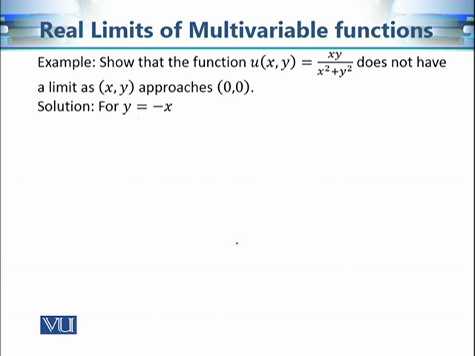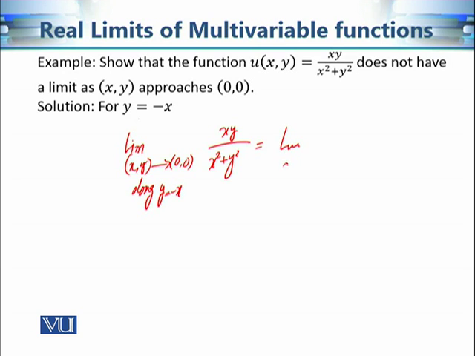Now we can calculate the limit along the other line, which is y is equal to minus x, and in this case on the same lines we can see that (x, y) approaching (0, 0), it means xy over x square plus y square, and this is in fact of course along y is equal to minus x.